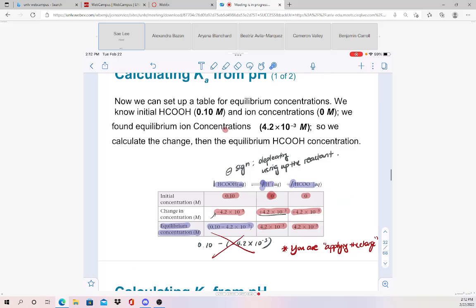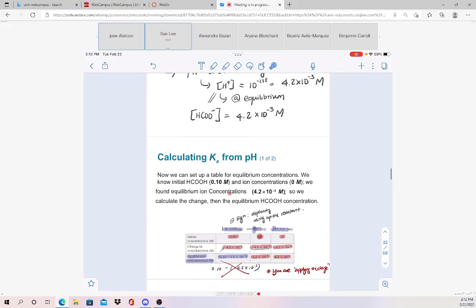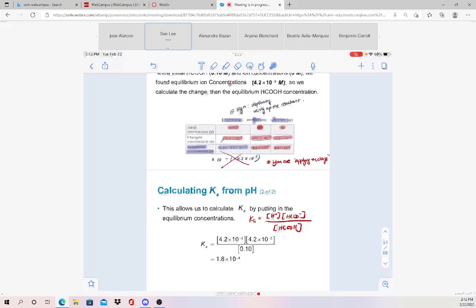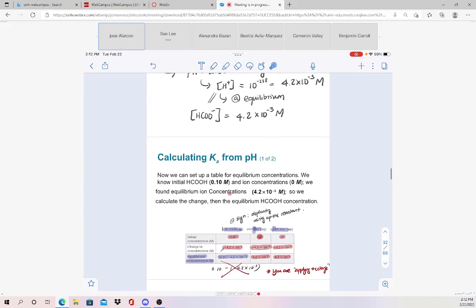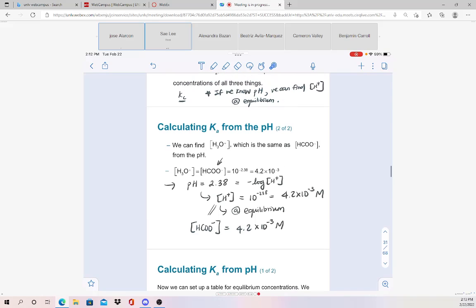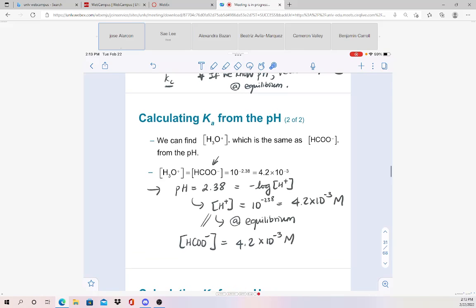Dr. Lee, I have a quick question. Can you go just one slide back? It's just a little fuzzy. I get it all up to where you got 4.2 times 10 to the negative 3. Can I see that real quick? Right here. Oh, I'm sorry. Okay, I'm starting to get it now.